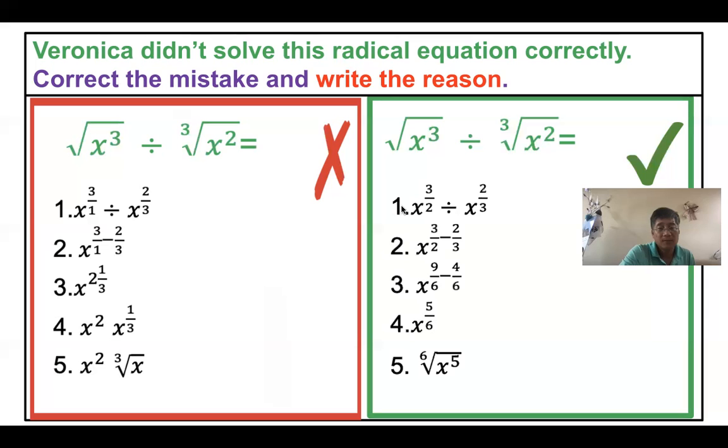All right. So let's change it again. Like this. 3/2, 2/3, and the division, what do you do? You subtract. Right? 3/2 minus 2/3. And then common denominator 6, it is 9/6 minus 4/6, and becomes 5/6. And now you change it to the radical form.